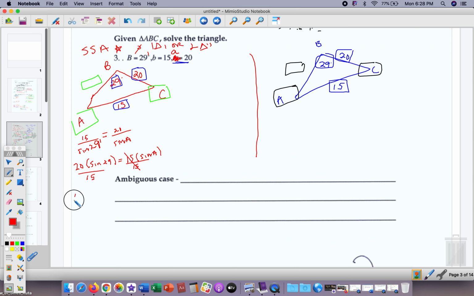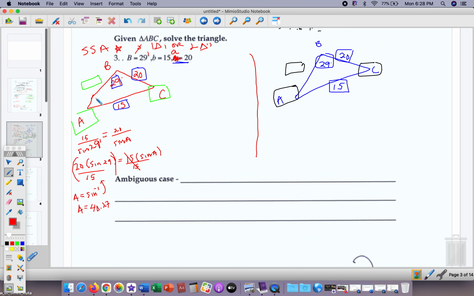And then A is equal to inverse sine of all this up here, this numerical value. So angle A is equal to 40.27.